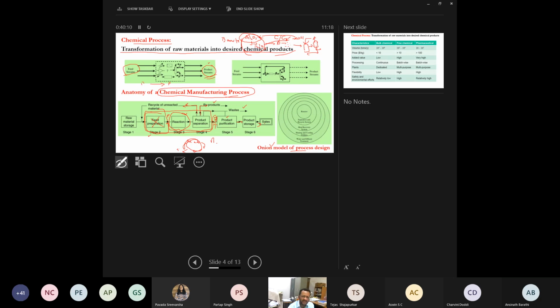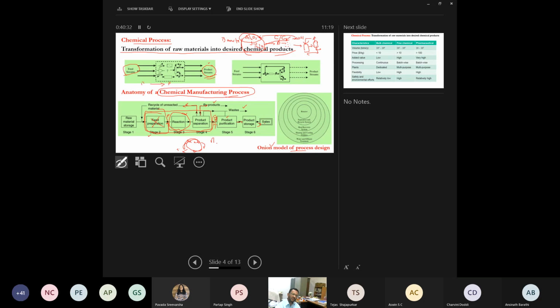For example, in the bauxite process, after the digester, we have very tall or big pressure vessels, because the digester is operated at around 5 to 6 atmospheric pressure.